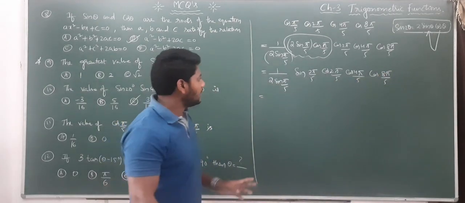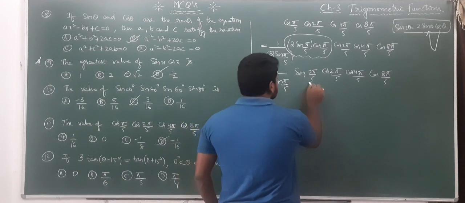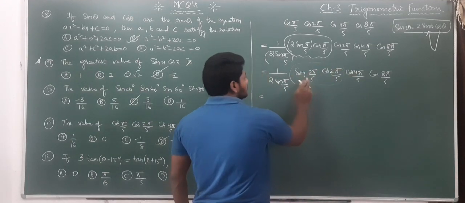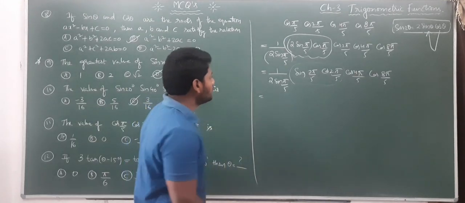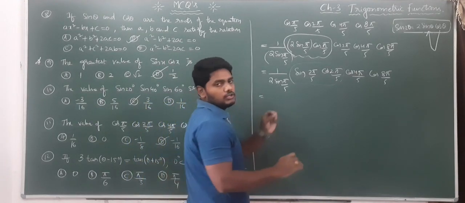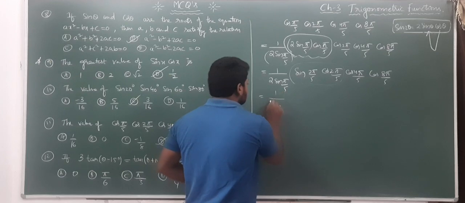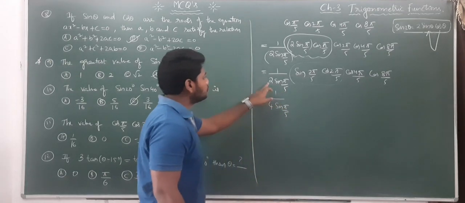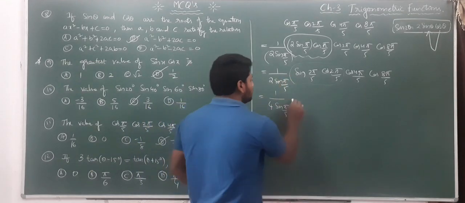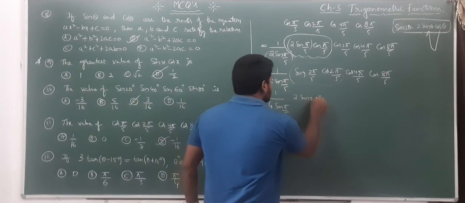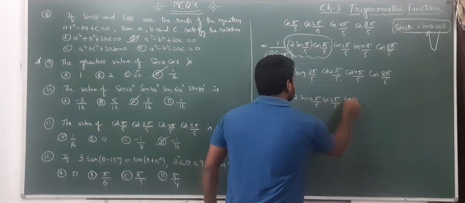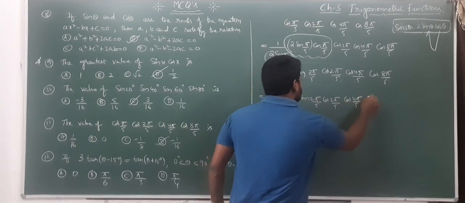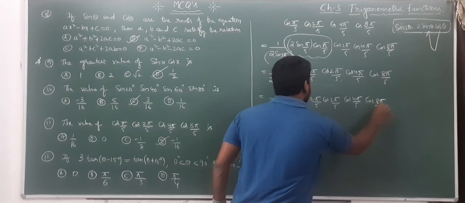Right? Now again, if you observe these two, which are in the form of sin theta into cos theta, then what we need to do? We need to multiply and divide with 2. So it will become 1 by 4 sin pi by 5. Multiply and divide by 2, 2 into 2 becomes 4. So this will be 2 sin 2 pi by 5 cos 2 pi by 5, cos 4 pi by 5 into cos 8 pi by 5.